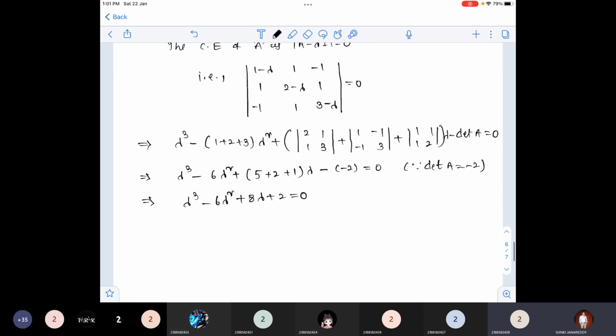Then what are the eigenvalues for this? Lambda is equal to what? Observe the decimal values, fix two decimals.